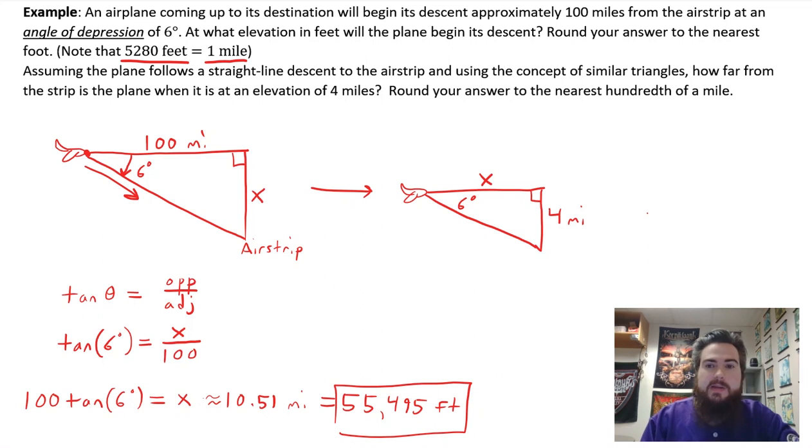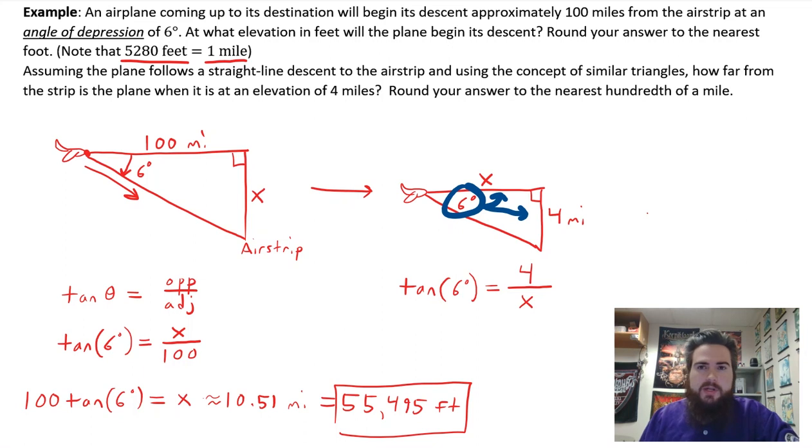This one asks us to keep it as a mile, so we will do so, but this is going to be a very similar setup. If I still apply tangent, because my angle measure, I am trying to solve for the adjacent, I have the opposite. I will plug this in as tangent of 6 degrees is equal to the opposite, which is this time 4, over my adjacent, which I've labeled as x.